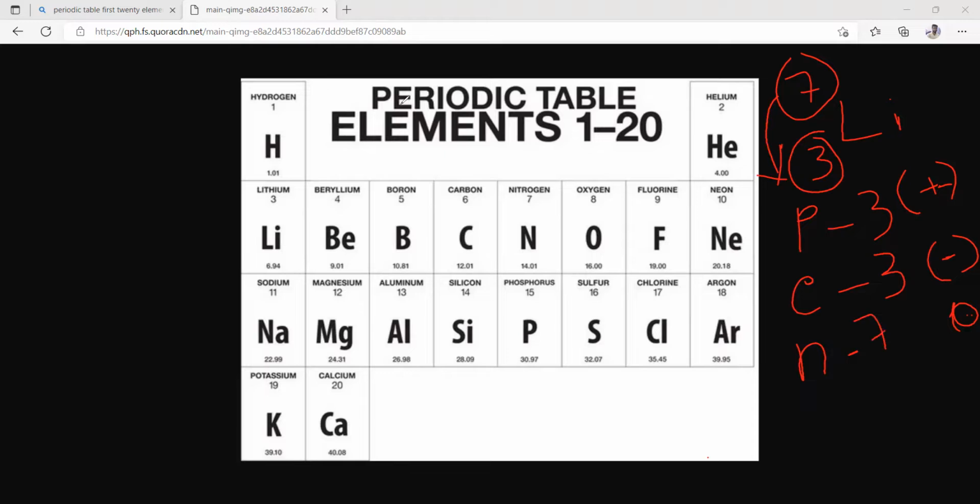So 7 minus 3, the number of neutrons is equal to what? 4. Okay, the number of neutrons here is 4. Right, now you consider one thing. Here, 3 electrons.